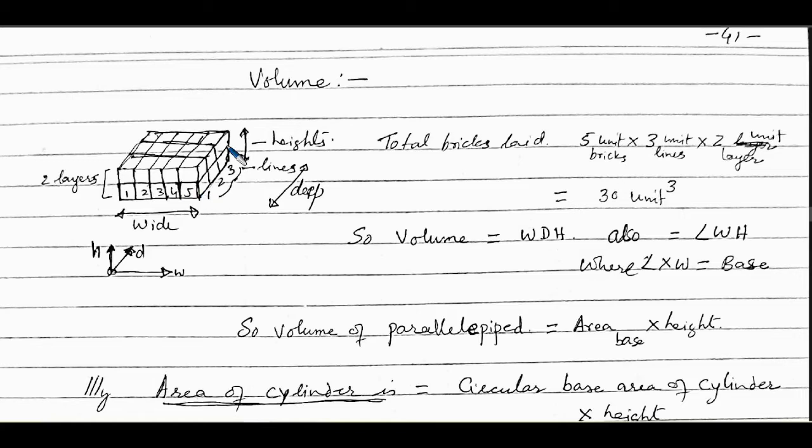Its faces are quadrilaterals. It has 6 faces: 1, 2, 3, 4, and then top and bottom. So if I call this length and this width, length into width is the base area, times height. So I can write the volume of a parallelepiped as area of the base into height.